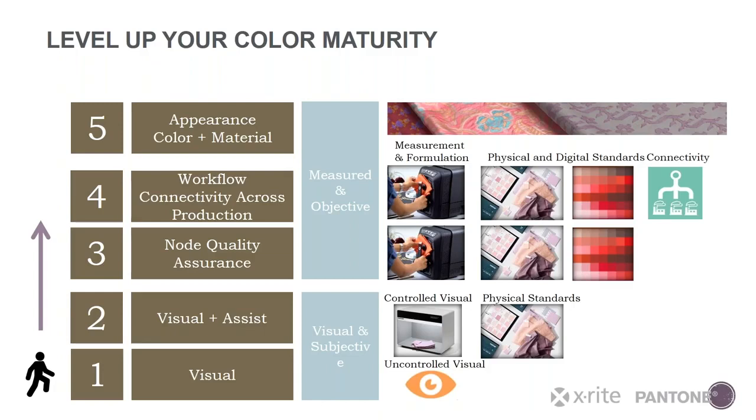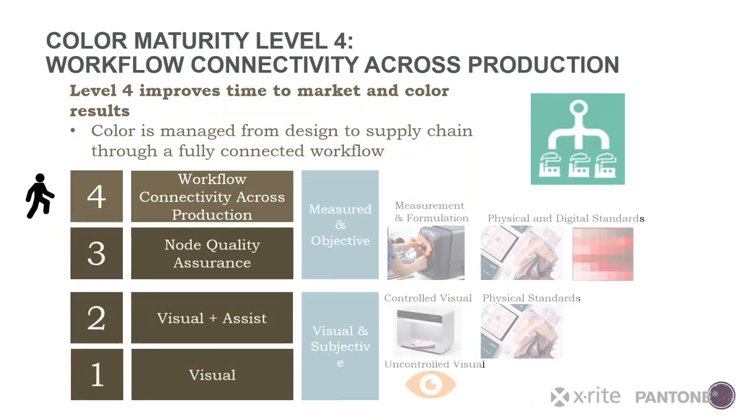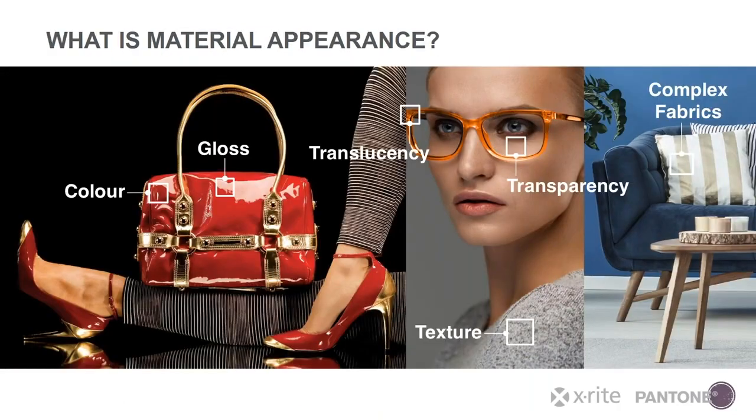The next stage is something that we think is really powerful, and it's going to make a difference soon. So that is being able to characterize the appearance of the color and the material. So let's go through this. I talked through this already, and it is, what is material appearance?